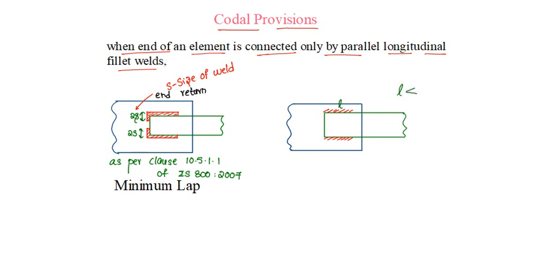Whereas when only longitudinal fillet welds are provided, and L is the length of the weld, then the length of the weld should not be less than B, where B is the transverse spacing between the fillet welds, that is, the center to center spacing between fillet welds along the transverse direction.